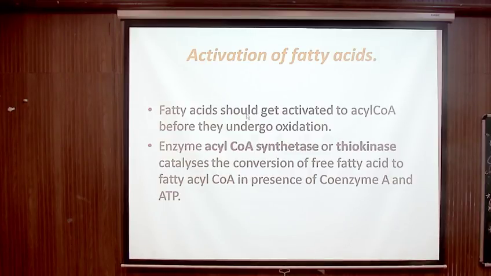So whenever fatty acids are activated, they are called fatty acyl coenzyme A or just acyl coenzyme A. Before they undergo oxidation, there should be an activation. The enzyme which does this activation of fatty acids into fatty acyl coenzyme A is called acyl coenzyme A synthetase, or the other name is thiokinase.